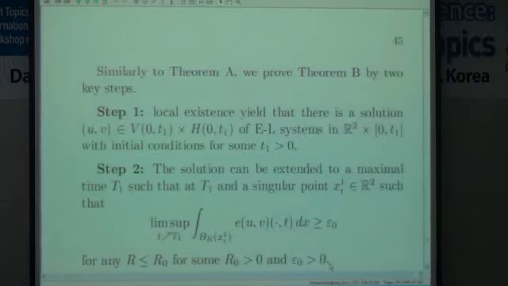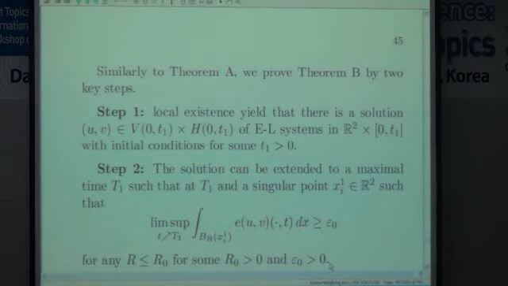The proof of the result is similar to theorem A. We first prove local existence, and then using local existence we prove the continuation up to the maximum time. The second step is no concentration: you need to put the Navier-Stokes density together, and together show no concentration.